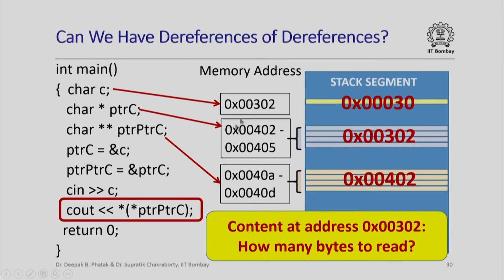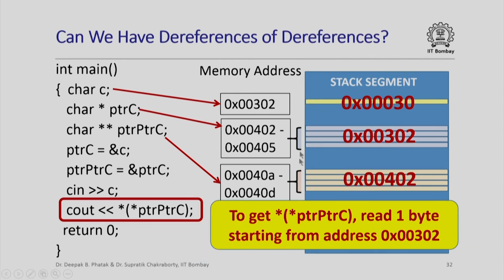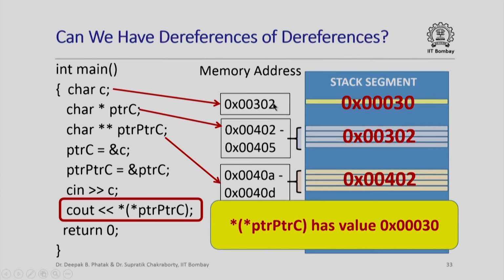I have to go back and ask what is the type of *pointer C. Pointer C is a pointer to a character pointer, so *pointer C must be a character pointer. Therefore when I am dereferencing *pointer C, I am trying to read a character. A character requires only 1 byte, so I must read 1 byte starting from location hex 00302, and that gives me the value hex 00030. That is what is going to be printed out over here.